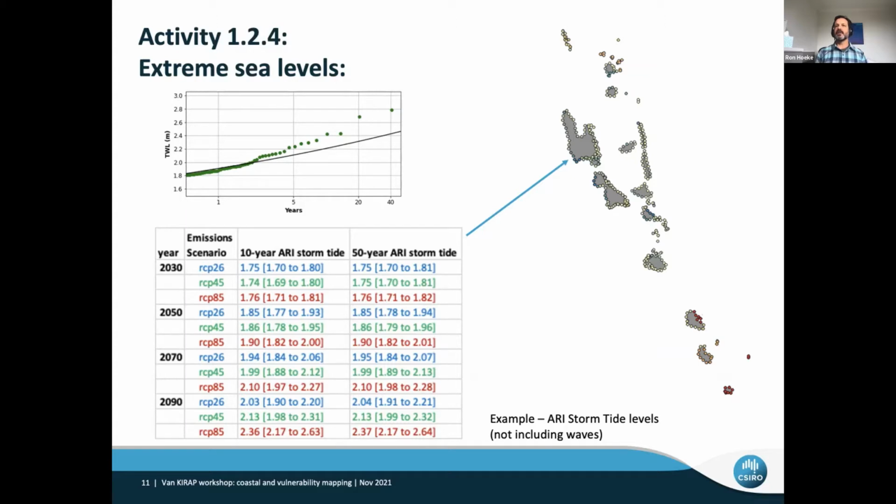And again, the idea is that this information can be used to understand when areas of land go into inundation models, coastal inundation models, or help understand when a particular seawall or coastal defense might be overtopped or something like that.